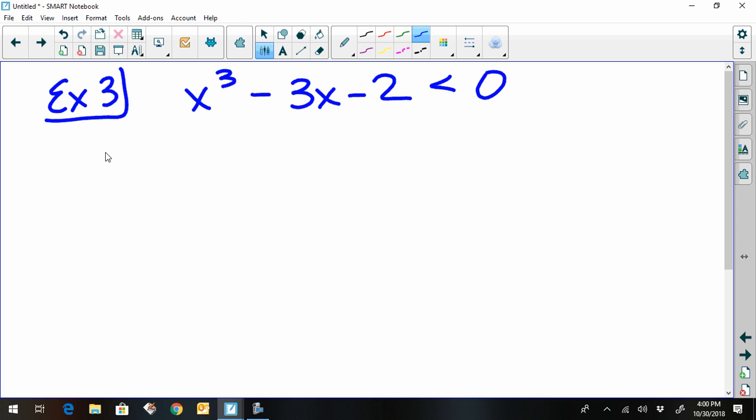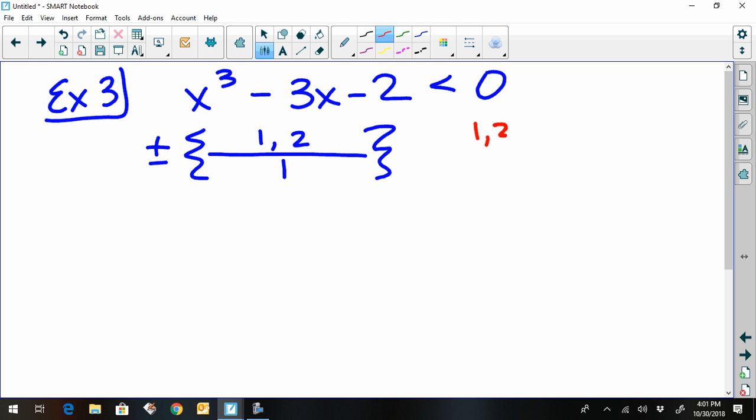Very exciting. So we're going to come up with our possible zeros, because we need to find our zeros first. So we'll do plus or minus the factors of our constant, which are 1 and 2. Awesome. That makes our list very short. Divided by the factors of our leading coefficient, which is 1. So this one, our possible zeros are just this list, right?